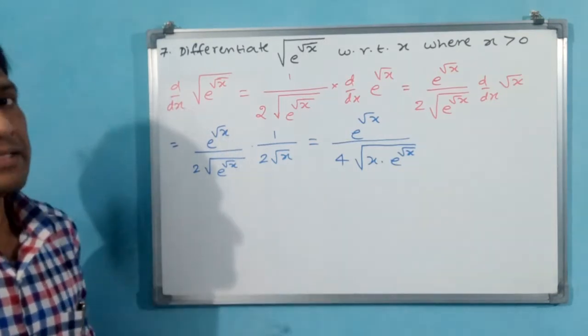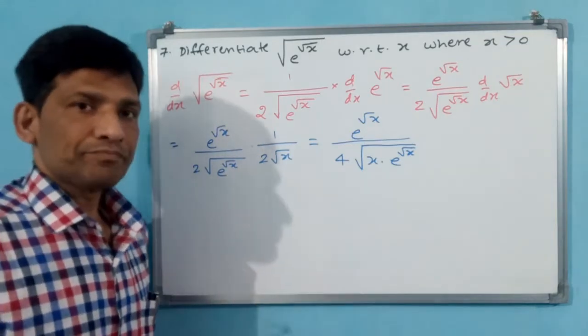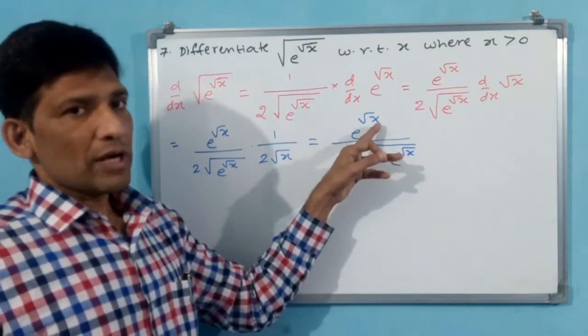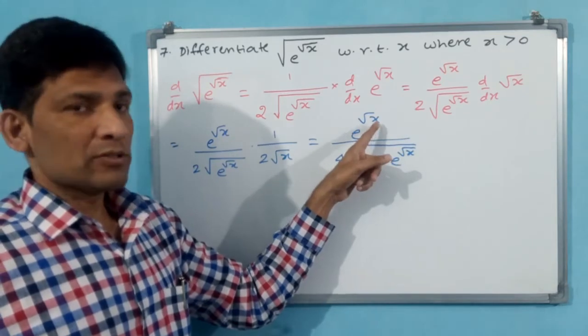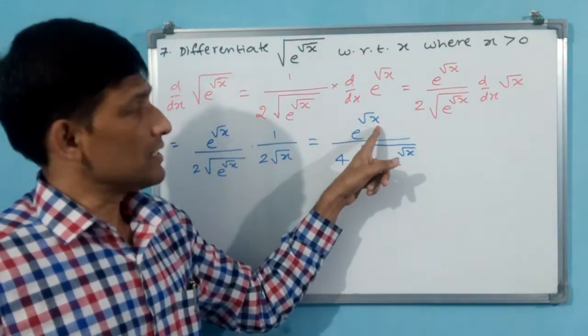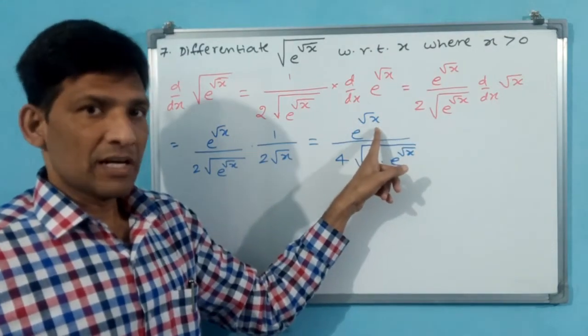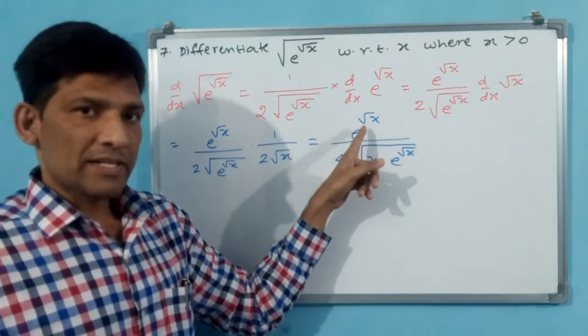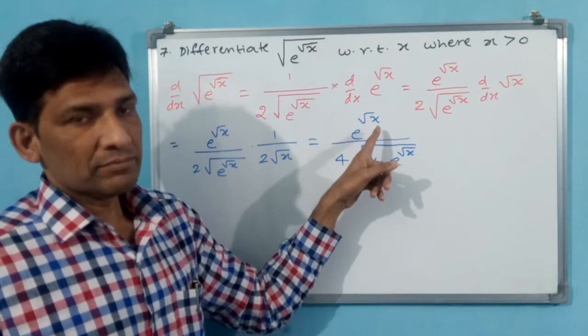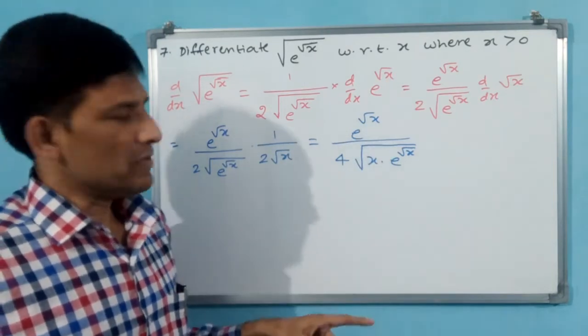Now you tell me what is the controlling domain? Numerator there is no control. Why? Because here you can give negative also. Sorry, negative you cannot give. That is why x should be greater than 0 here also. If x is negative, what is going to happen? A non-real root will come. Okay.